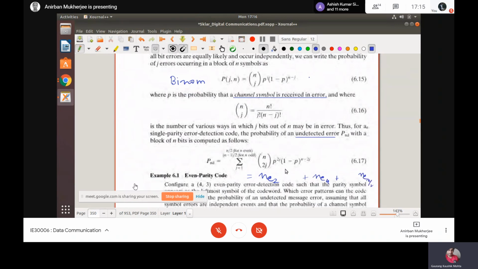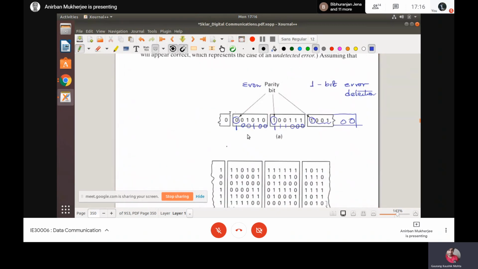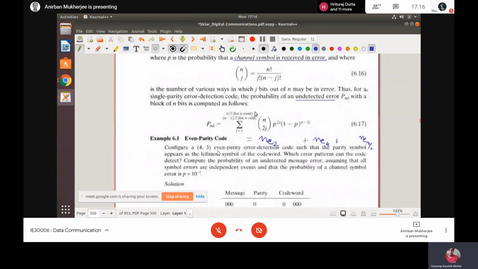Okay. Similarly, if n is not even, then (n minus 1) by 2. So that means this is the probability of... You see that in the previous case, 1 bit error we could detect, 2 bit error we could not, 3 bit error we could detect, 4 bit error we could not detect. So 2, 4, all these bits errors are undetected ones.